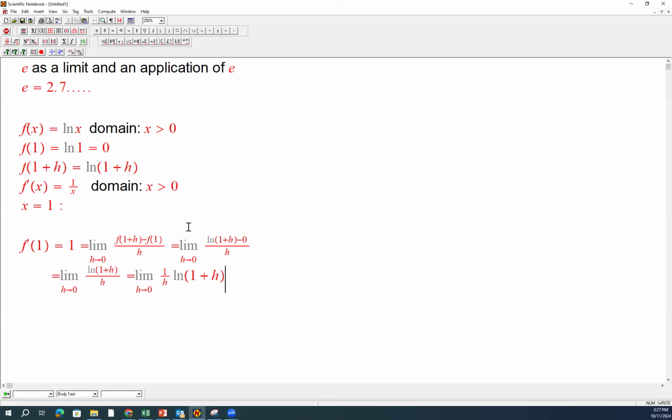Let me write down the logarithm properties.